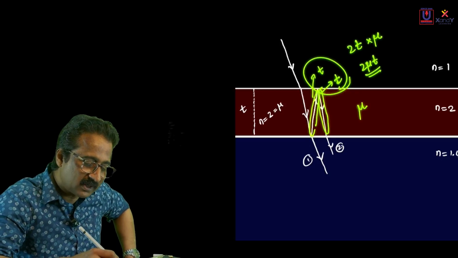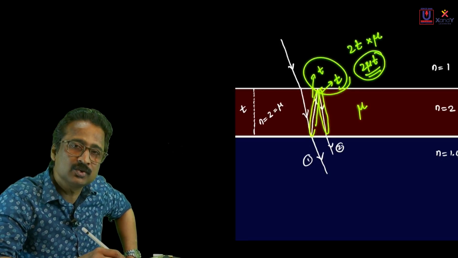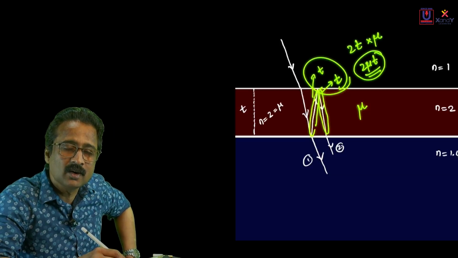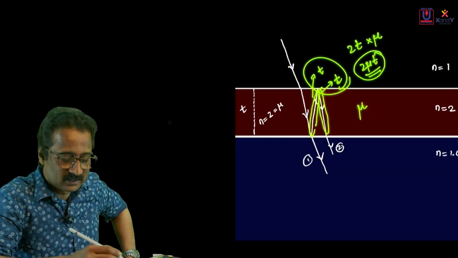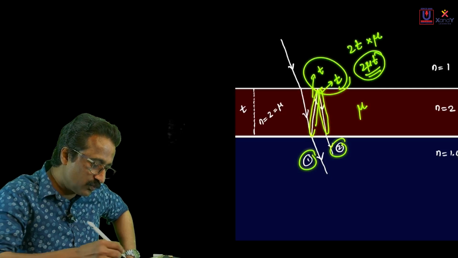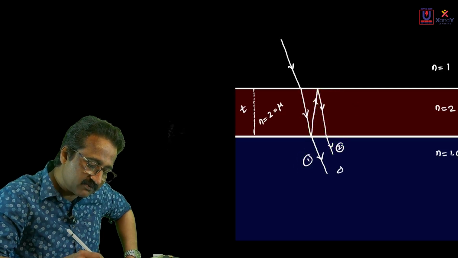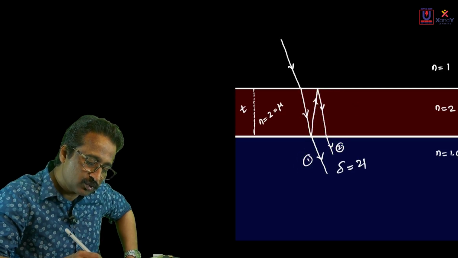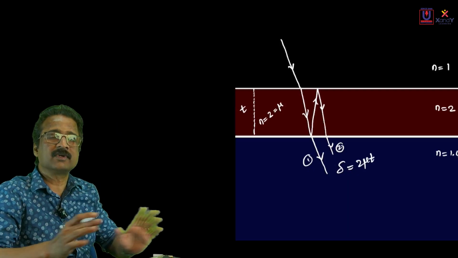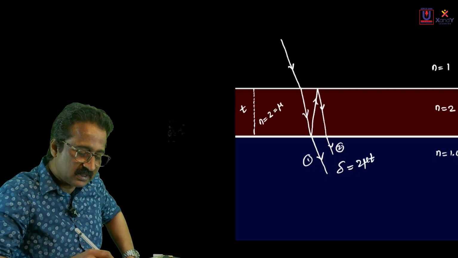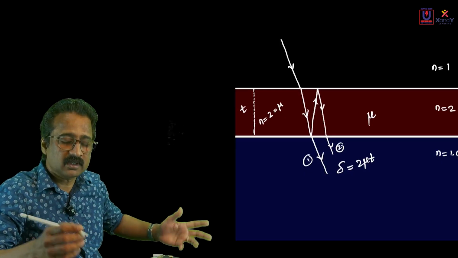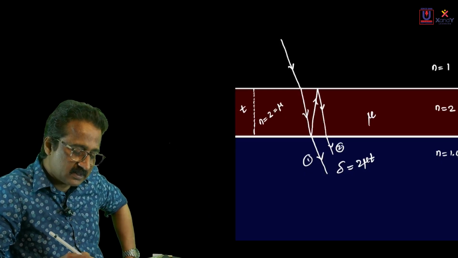So the extra optical path the light wave has covered is 2 mu t, and that is the only path difference here. So wave number 1 and wave number 2 will have a clear path difference of delta equal to 2 mu t. That is the equation for the path difference, where mu is the refractive index of this film, or you can call it n.